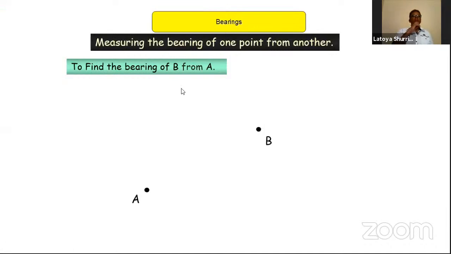Now, when we're measuring the bearing of one point from another, for example, to find the bearing of B from A, and I need you to zoom in to that statement. So we're finding the bearing of B from A. Yes?